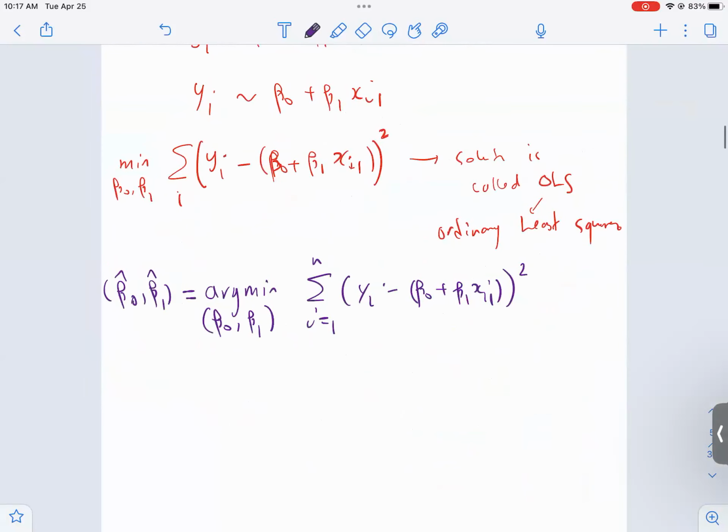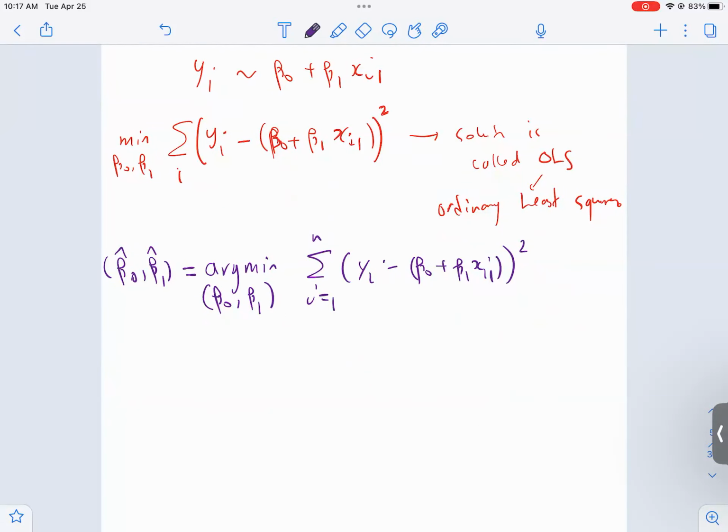So if I have this regression line, which is beta hat 0 plus beta hat 1 xi1. Let me drop the 1 here, because we just have one feature, and this is simple linear regression. Here we're assuming that xi is actually in R. This is actually called the fitted value, mu hat i.